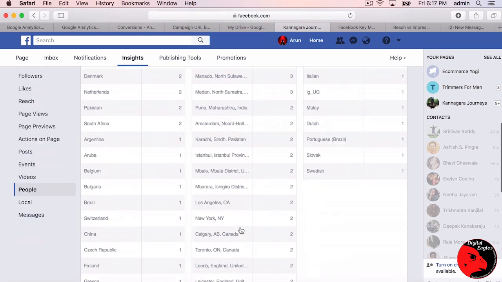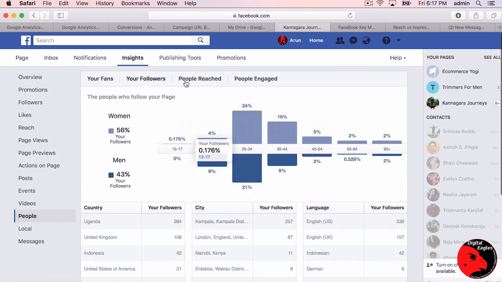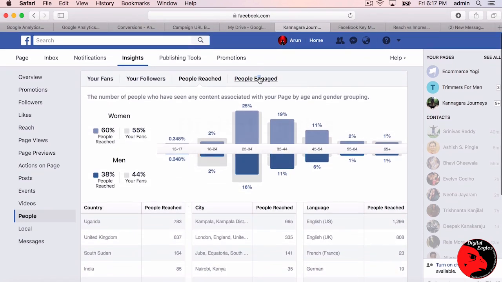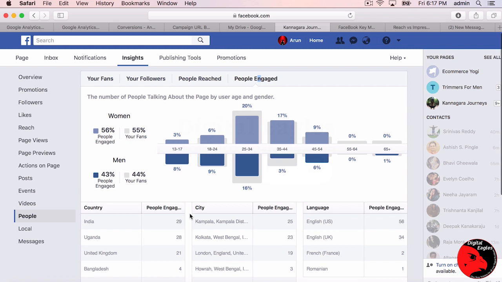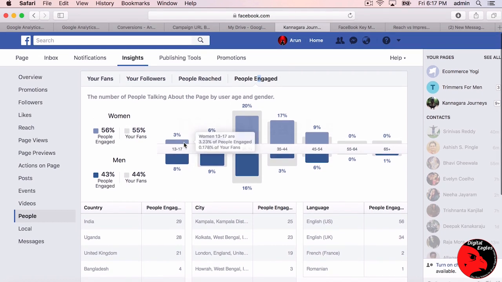There's a lot to it. Followers, people reached. Is my post reaching the right audience? You have to contemplate that. People engaged. So keep the people tab in mind also, because this will give you much more insights than metrics.